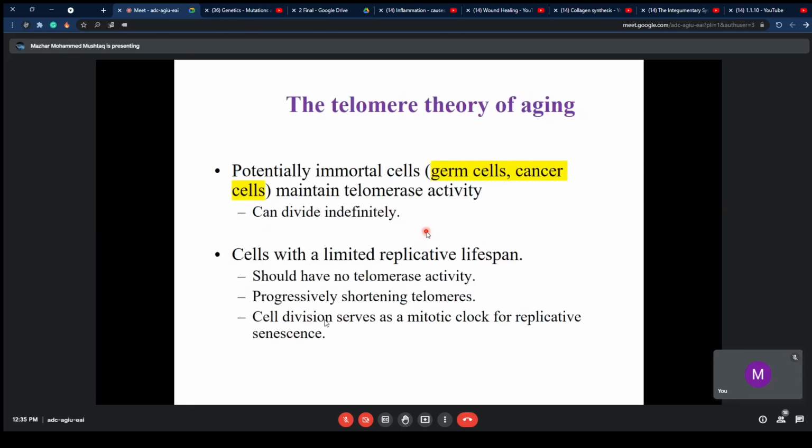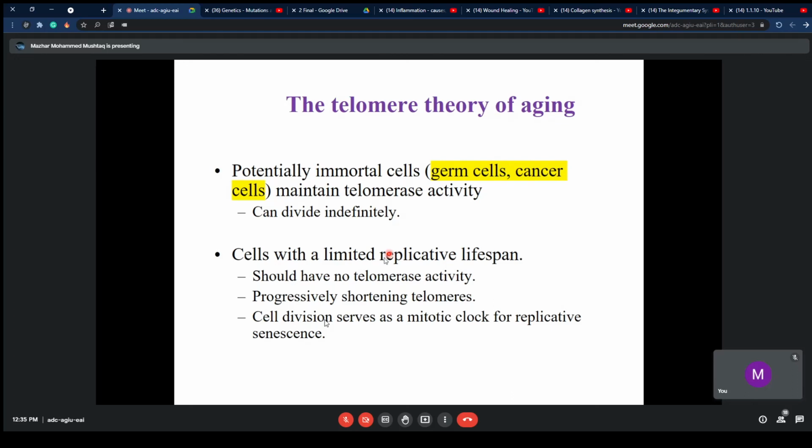And in the telomeric theory of aging, these telomeres must always be present in the germ cell, and of course in the cancer cell they are there, but that is an improper function. That is not a normal physiological function. But when they are present there, that will cause the cancer cell to grow, and it will grow very fast.